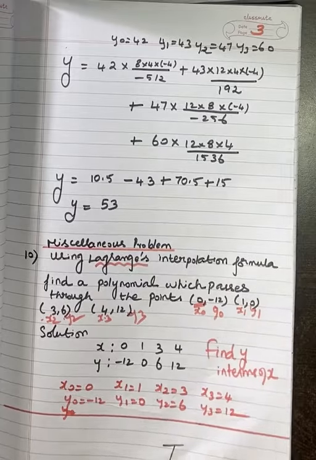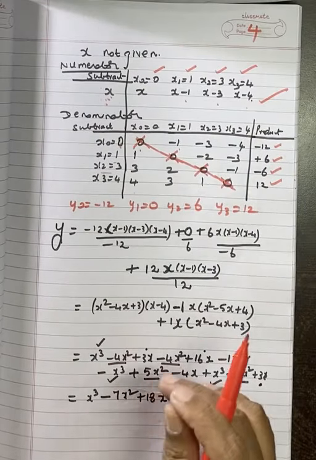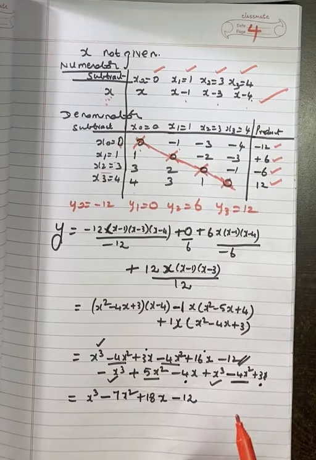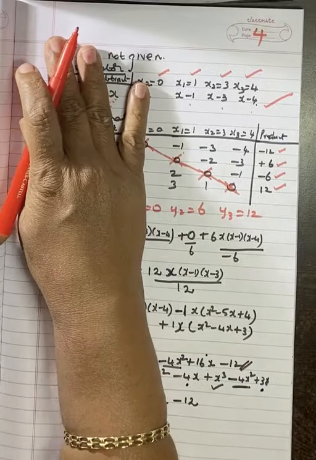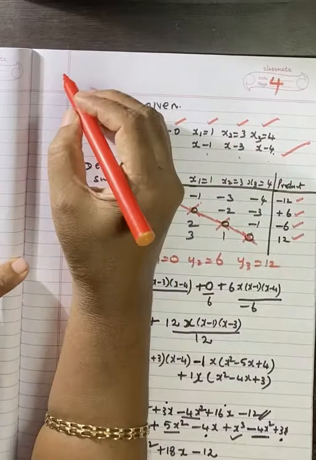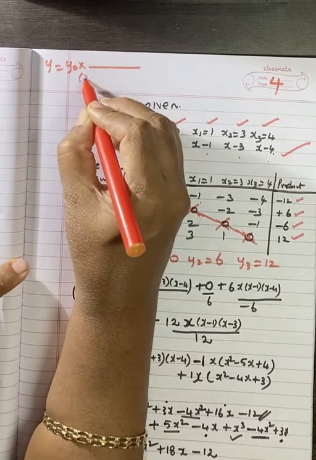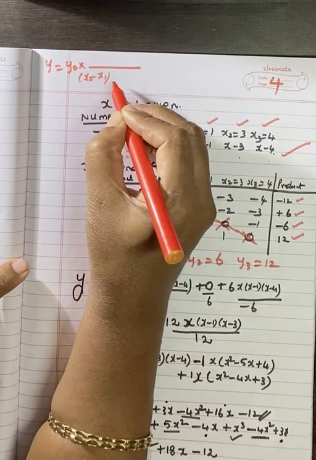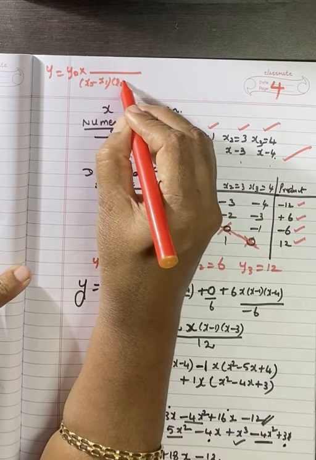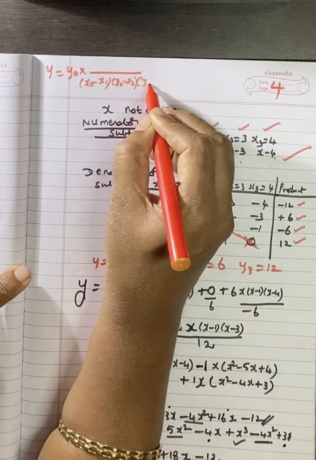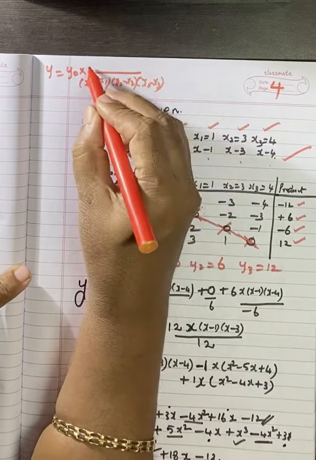So what is the formula? Shall we write it in some place? Formula. y equal to y0 into, denominator x0 minus x1, x0 minus x2, x0 minus x3.